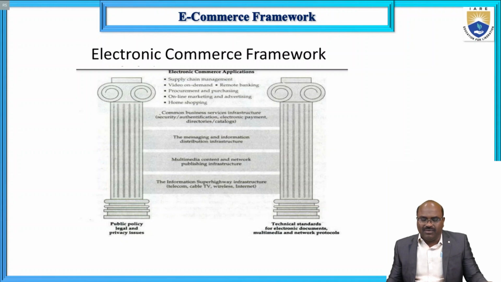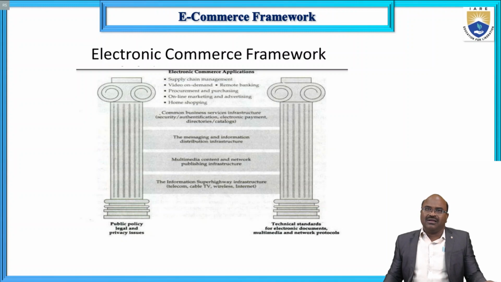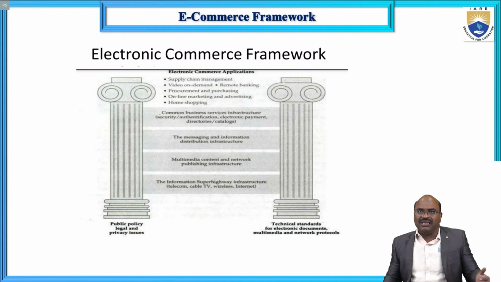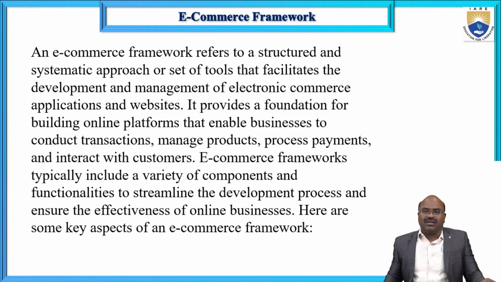Based on the legal and privacy issues, we can create a set of technical protocols. Why? Because the internet is an essential requirement, and computers are essential, and then any e-commerce tools are also required from the electronic framework. It includes many technical aspects.